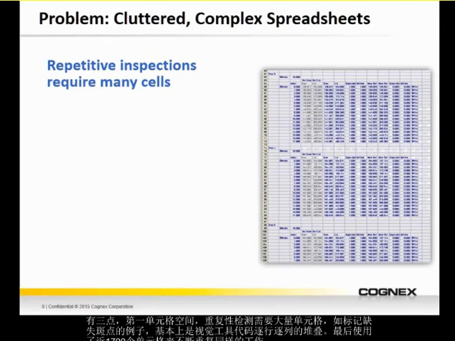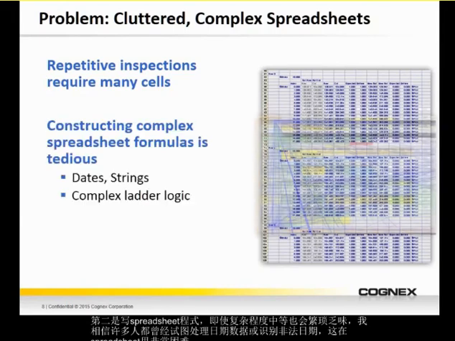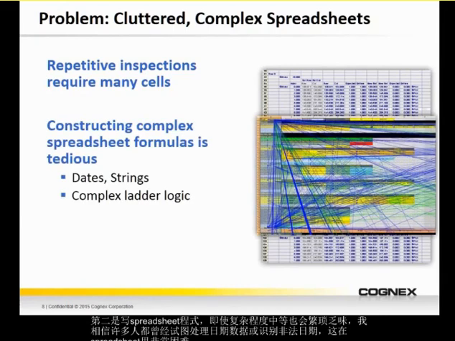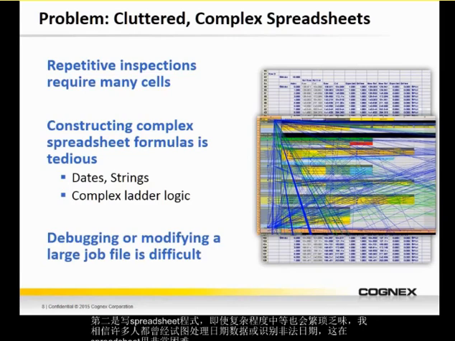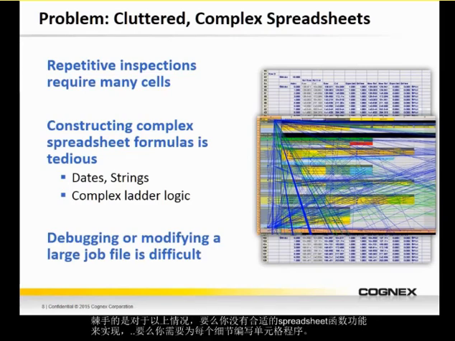The second is writing spreadsheet formulas that are even moderately complex is just a pain. And I'm sure many of you have tried handling dates, basically accounting for overflows or handling invalid dates such as February 31st. It just is hard. The challenge there is twofold.